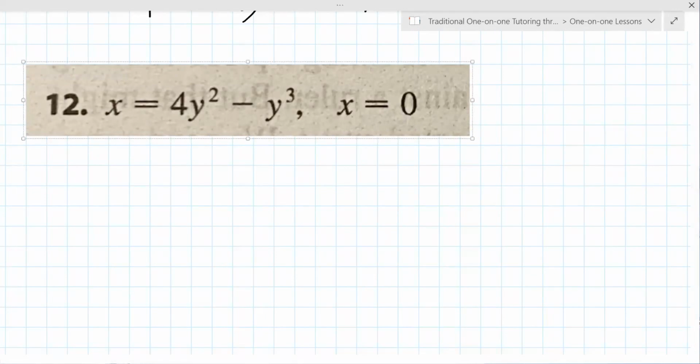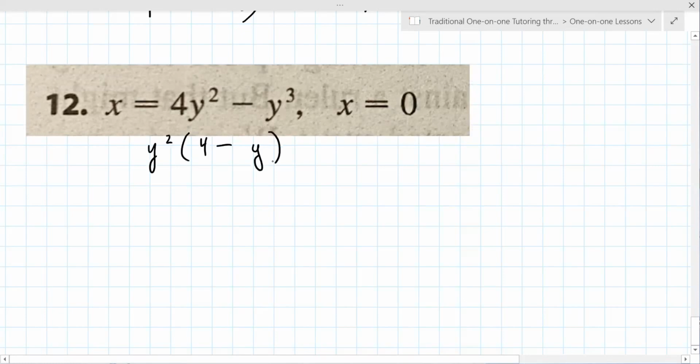All right, so number 12. x equals 4y squared minus y cubed, and x equals 0. I have no idea what this looks like, but we can factor out a y squared and get 4 minus y.